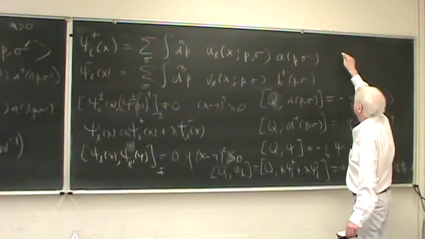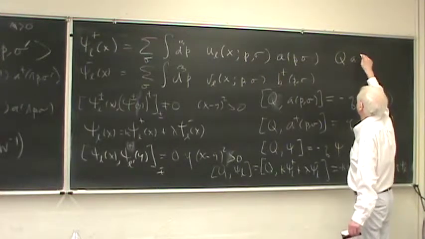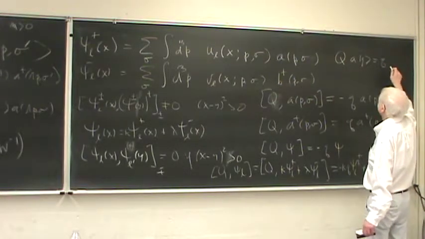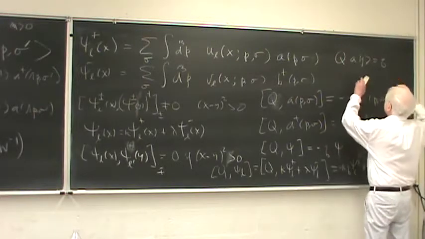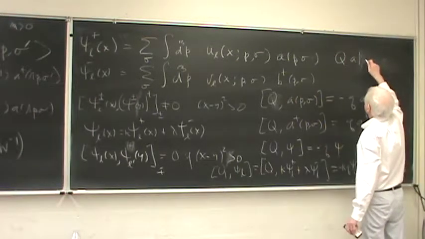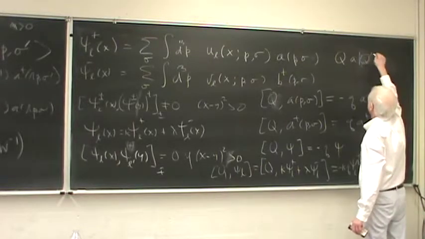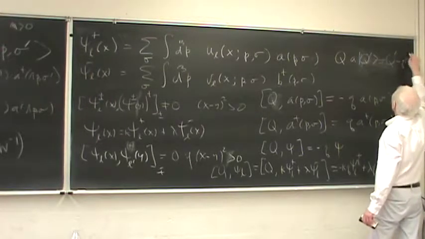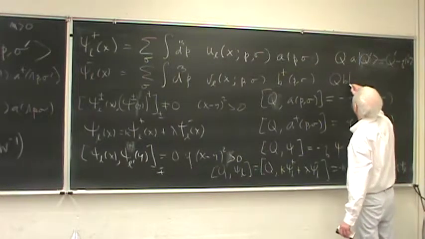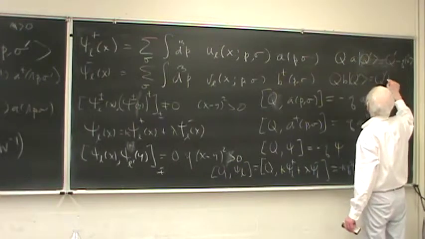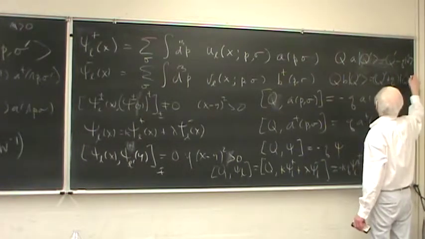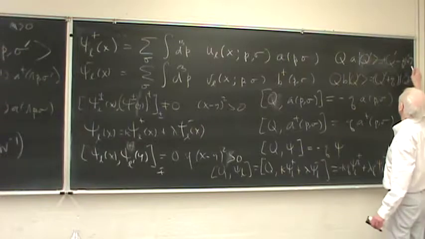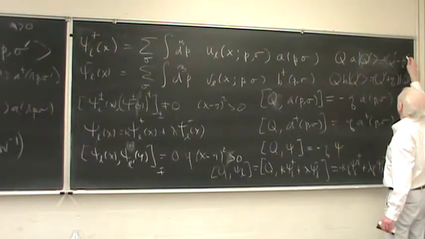So in other words, Q on a, some state of charge, big Q prime, let us say, is big Q prime minus q times the state Q prime, and Q on b, Q prime is Q prime plus q on the state Q prime. Well, there should be an a here.